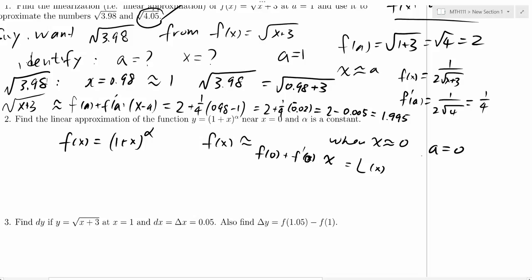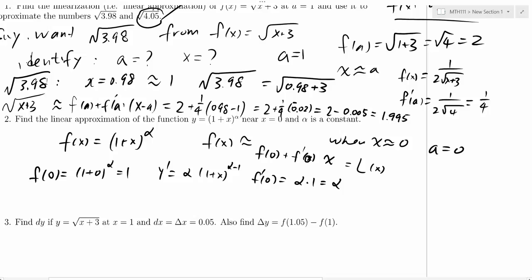So we just need to find the values. We know f of 0 is 1 plus 0 to the power alpha, which is simply 1, since 1 to any power is just 1. For the derivative, y prime is alpha times 1 plus x to the power alpha minus 1. So the derivative at 0 is simply alpha times 1, which is alpha.